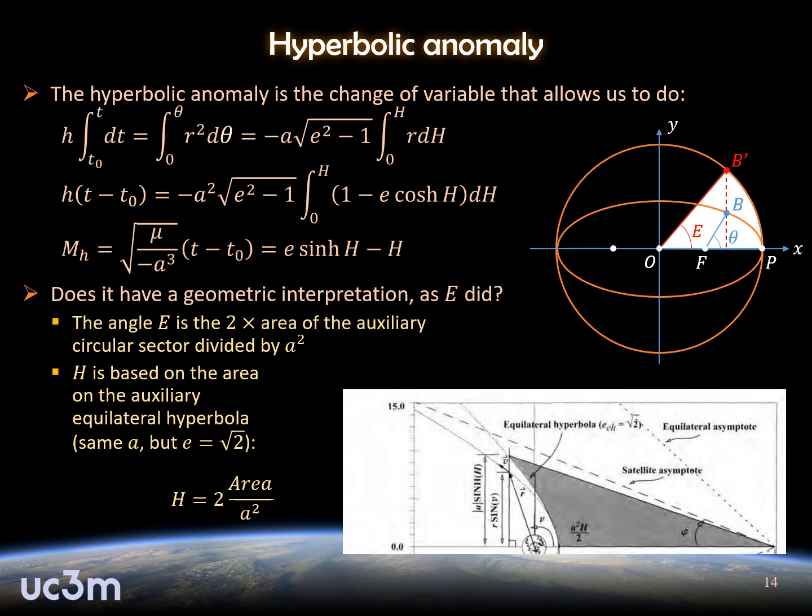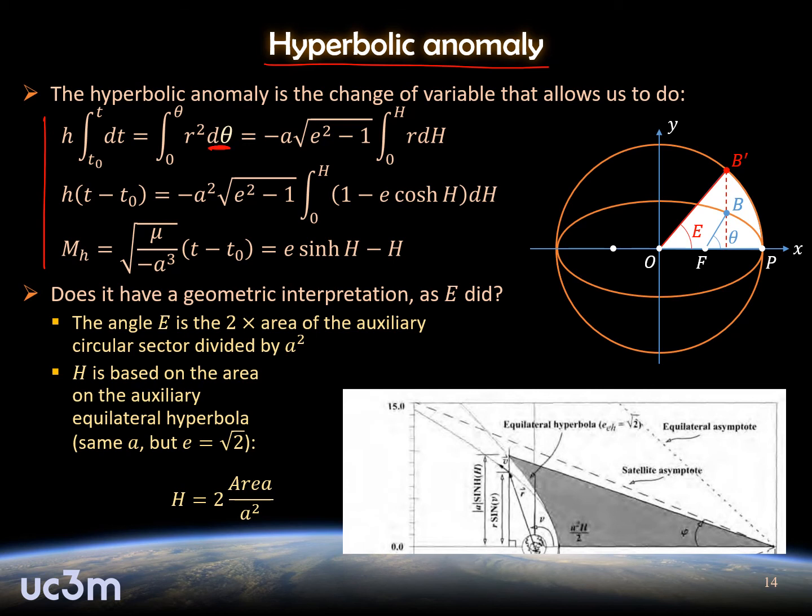Okay, so in order to give you a basic understanding of what this hyperbolic anomaly is that we have introduced, observe that first of all, it is the natural change of variable that allows us to integrate the time equation. Similarly to what we did in the elliptic case, we can proceed analytically with the integral and work out the change of variables. Not all the expressions are shown.